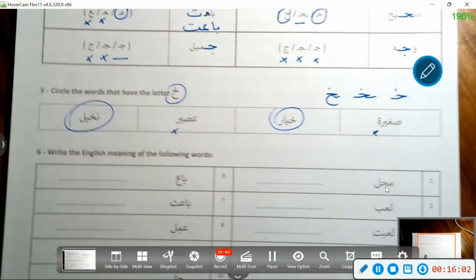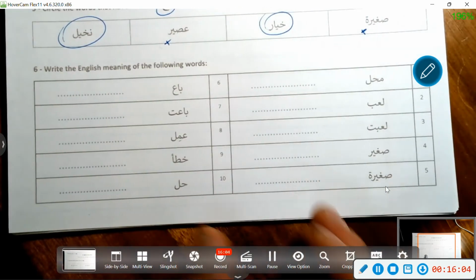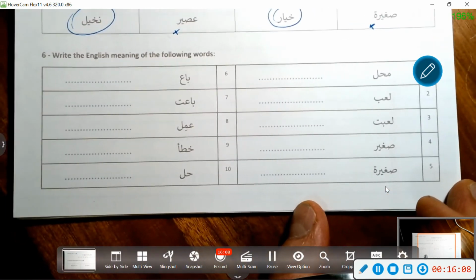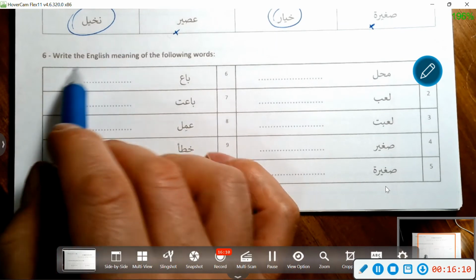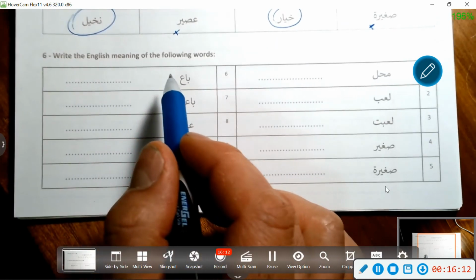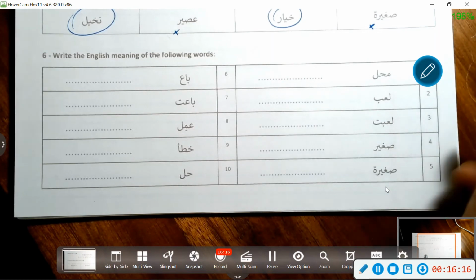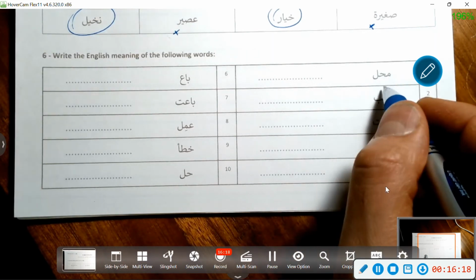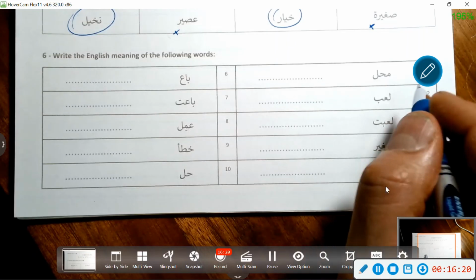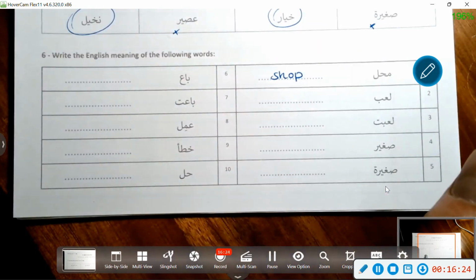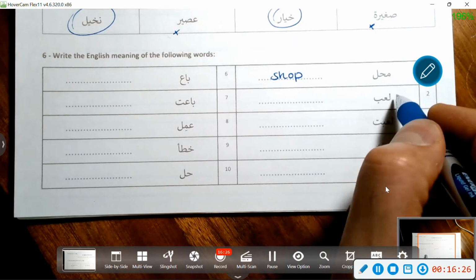Now the last question. Find out the meanings of these words. Write the English meaning of the following words. محل, a shop. لعب, فتحة كسرة.